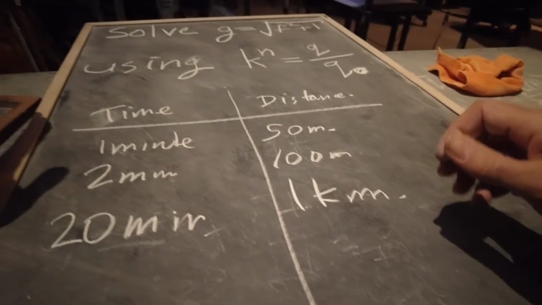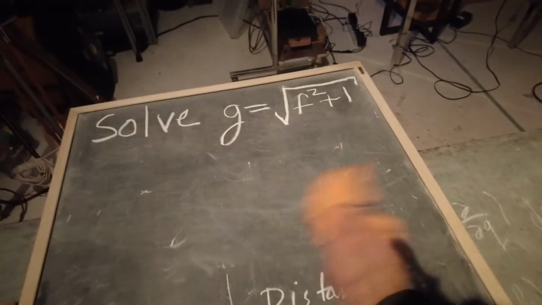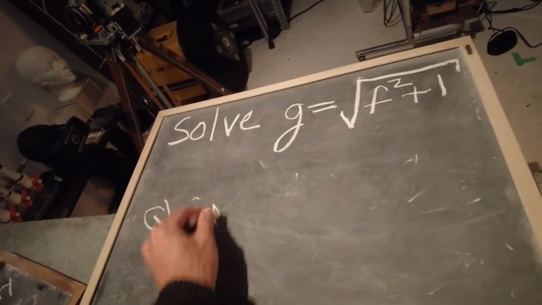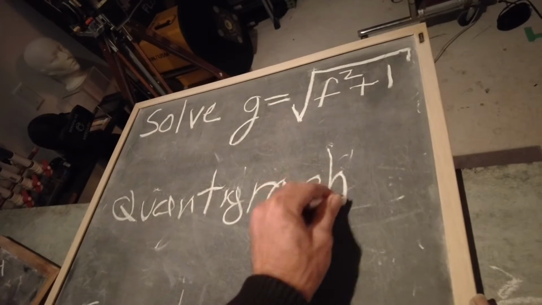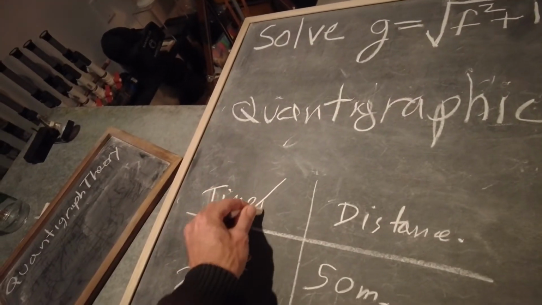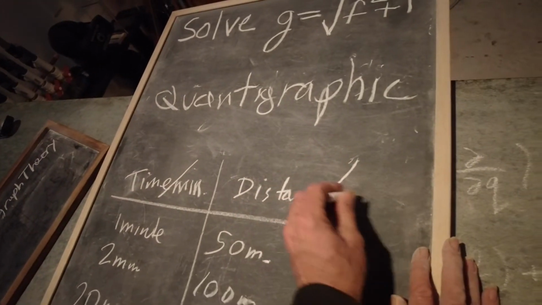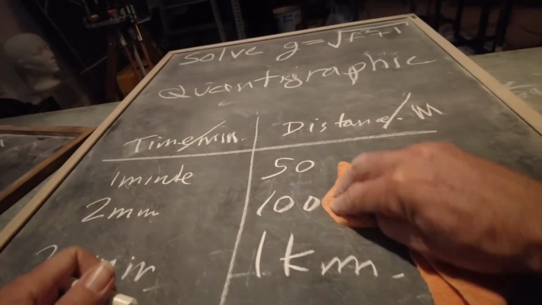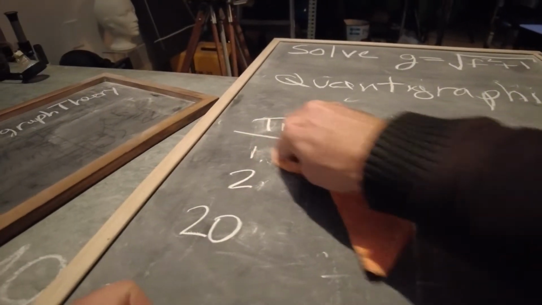The way to look at this quantigraphically is to change this to time divided by minutes, and change this to distance divided by meters. And then this becomes a truth table, a table of what's true in there. And then you just write the numbers in here.